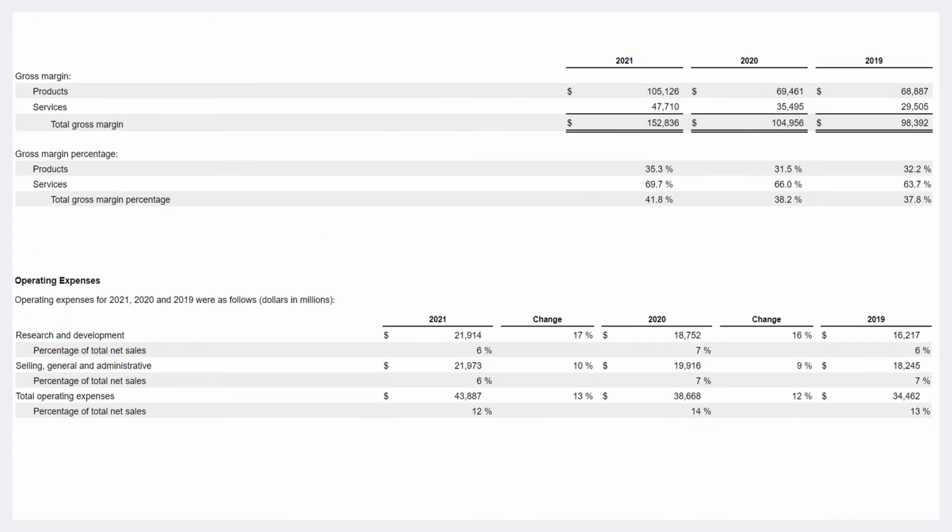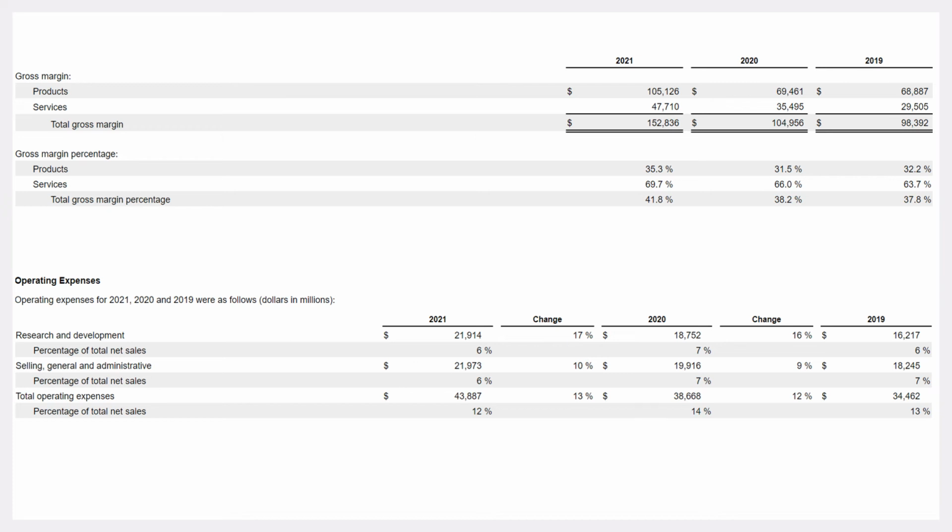All right, the next section in the MD&A goes over gross margin, and it splits on product and service margin, so you can see how gross margin splits out on its products overall versus its services.